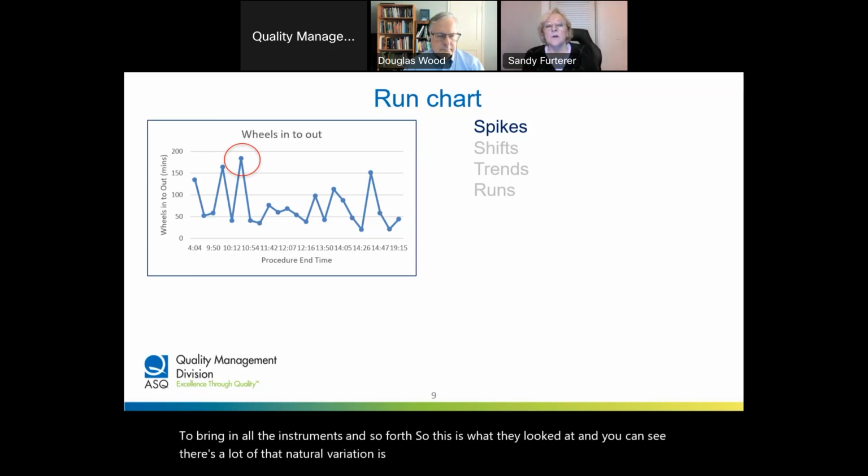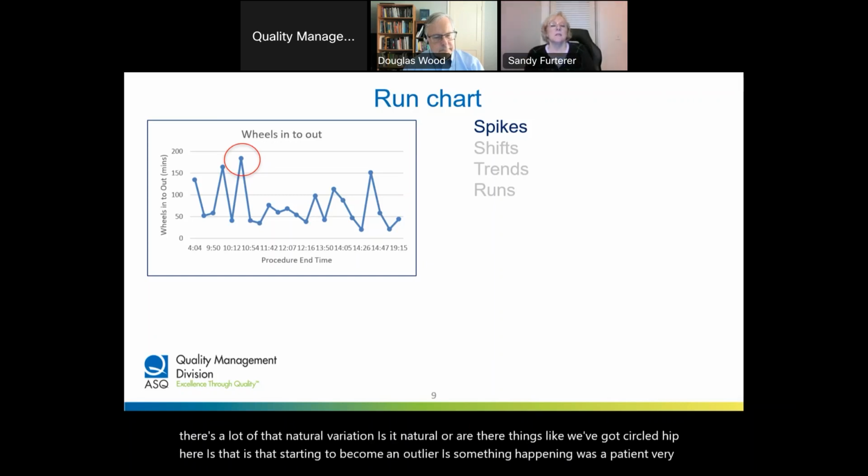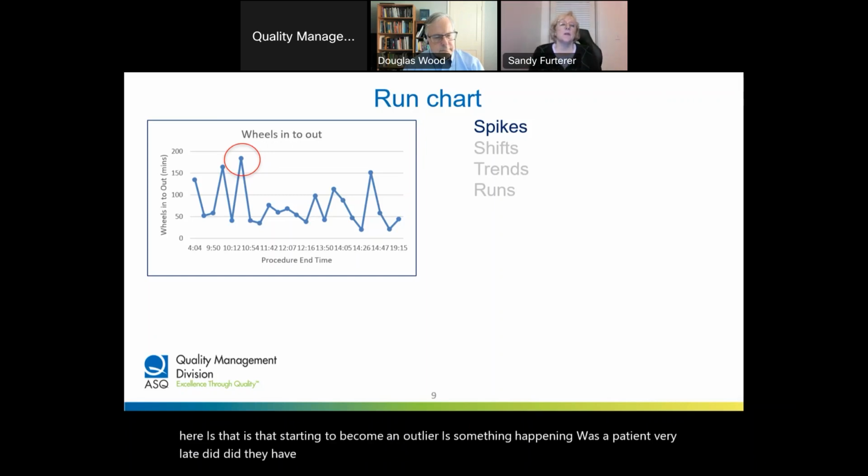Is it natural, or are there things like we've got circled up here? Is that starting to become an outlier? Is something happening? Was a patient very late? Did they have a problem where they needed an extra test or something? Somebody might have crashed, all that kind of stuff. So we can see these outliers, and then what we want to start doing is investigating.